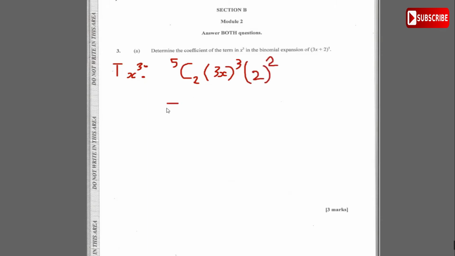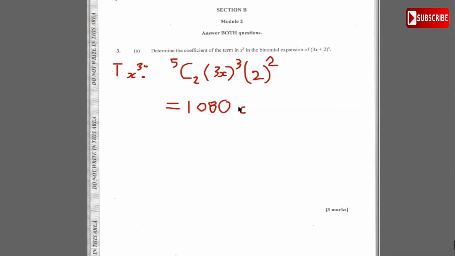And what is 5 choose 2? 5 choose 2 is 10, times 3 cubed times 2 squared. When you work out all of this, you will get 1080 x cubed.